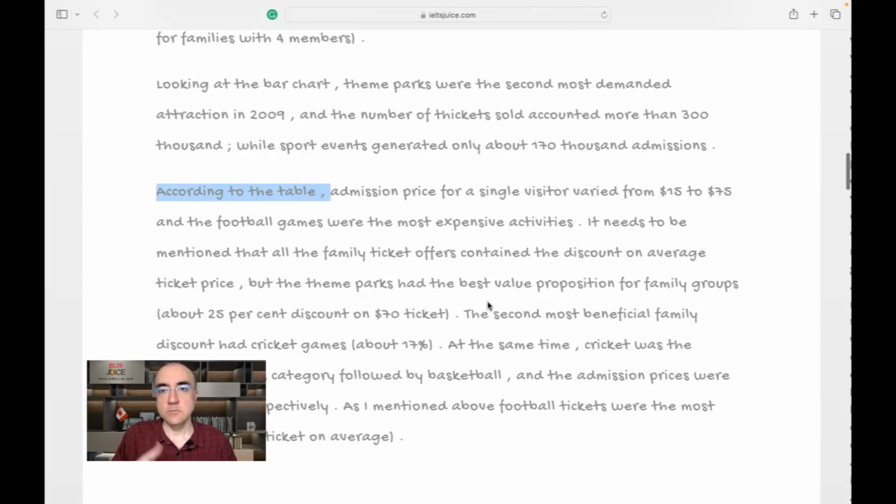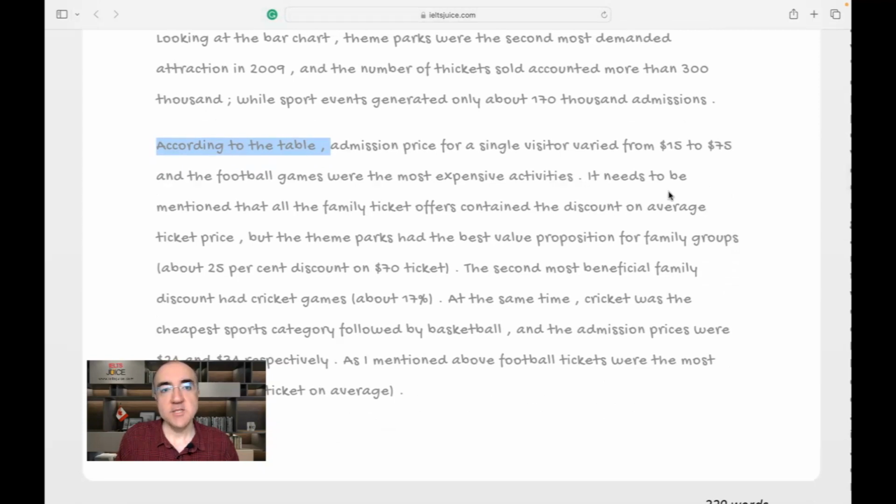I now know that this paragraph is going to be about the admission price. And here are the ranges. So it's not more than this, and it is less than this. Or did I say it correctly? Oh, it's not less than this, and it's not more than that. So yeah, there's a range here.